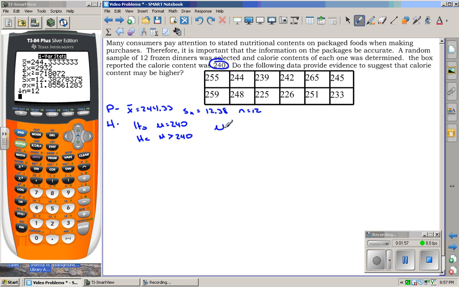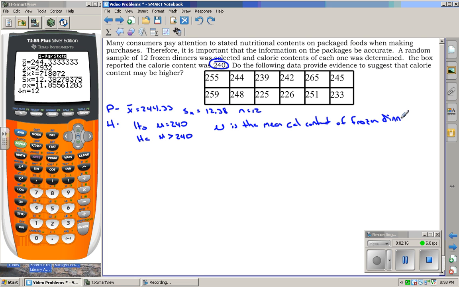Don't forget to tell me what your mean is. So mu is the mean calorie content of frozen dinners. Right? A lot of people forgot to do this on the test, so make sure that you don't forget to do it from here on out.